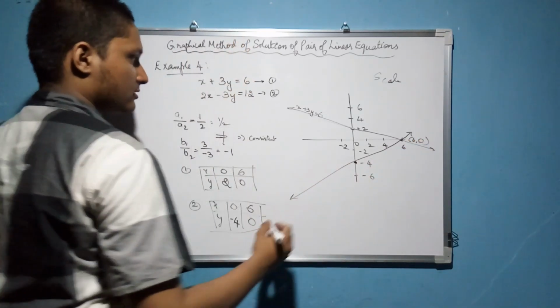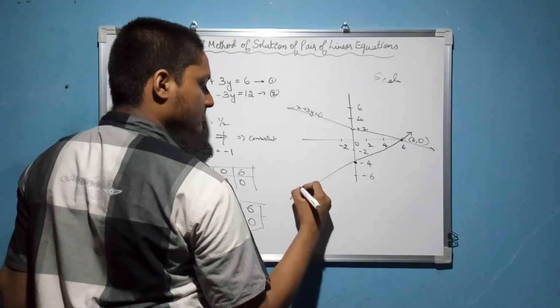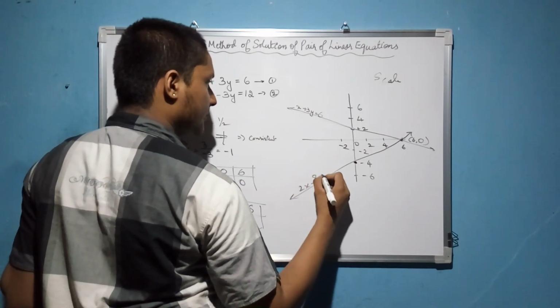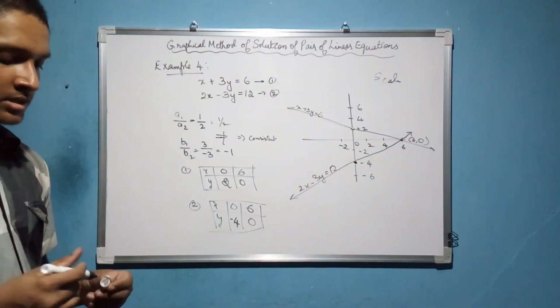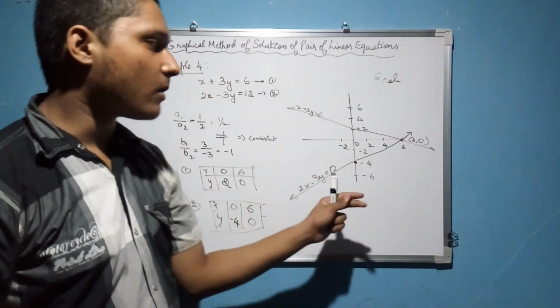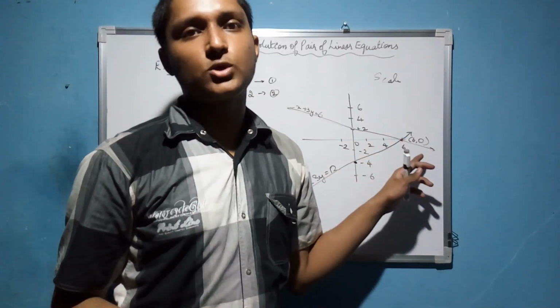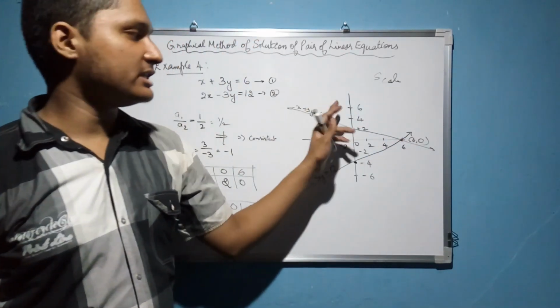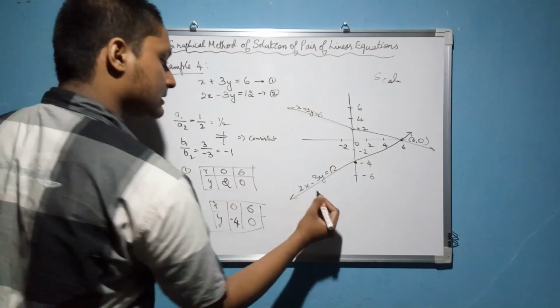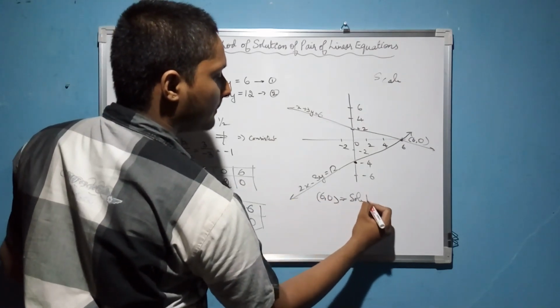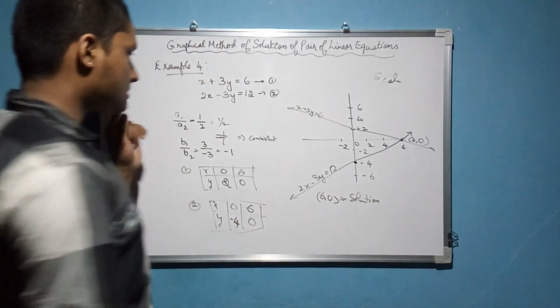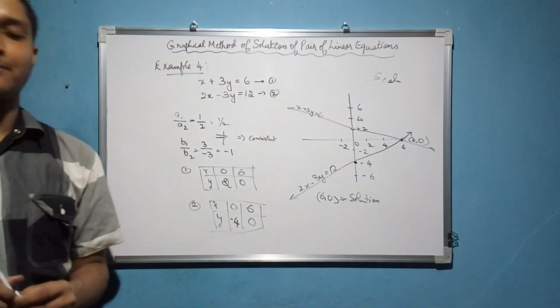So I need to write the equation of that line, that is 2x minus 3y is equal to 12. So graphically we have solved that (6, 0) is the common point of these two. Therefore (6, 0) is the solution for the pair of linear equations in these two variables x and y.